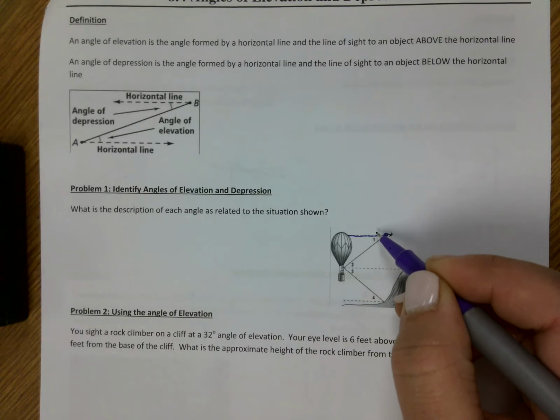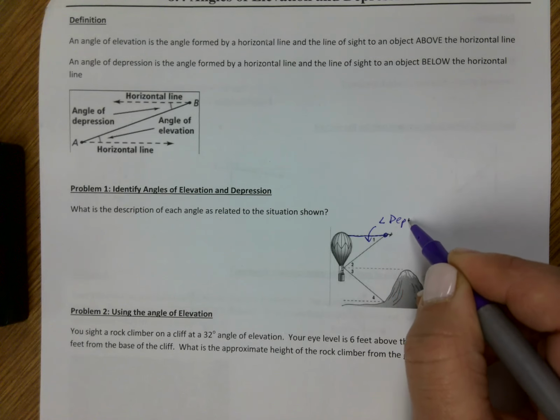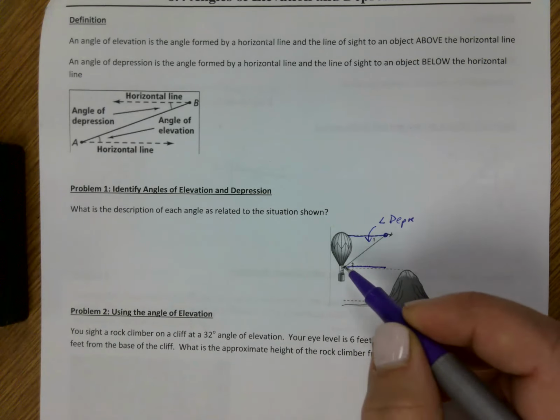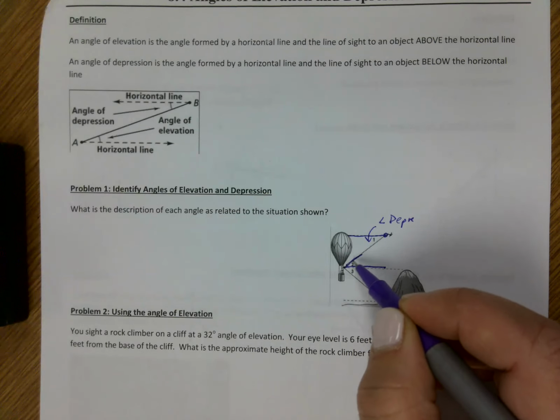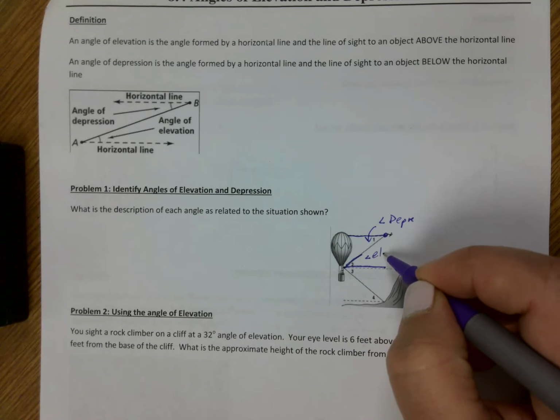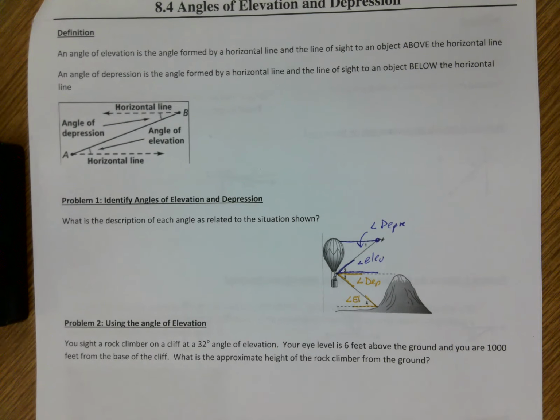I would be looking down, so this is an angle of depression. Same thing here: I'm looking straight, and if I look at angle 2, that is an angle of elevation. Pause the video and do 3 and 4 right now. Angle 3 should be an angle of depression, and angle 4 should be an angle of elevation.